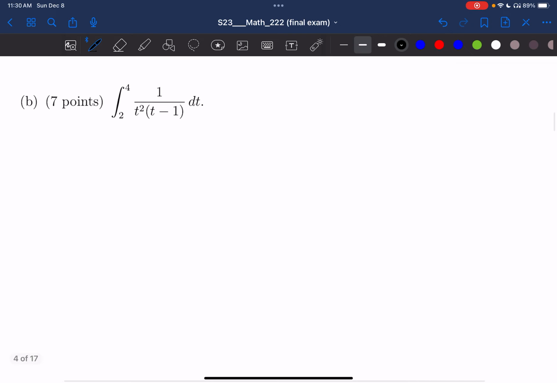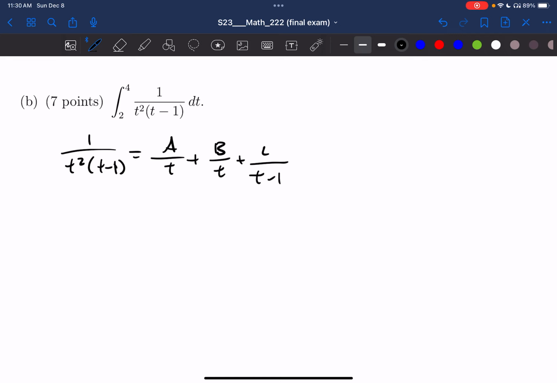Okay, part B. How do you do this? Oh, this is a pretty basic partial fraction decomposition. So if you have 1 over t squared times t minus 1, this will be equal to a over t plus b over t squared plus c over t minus 1.